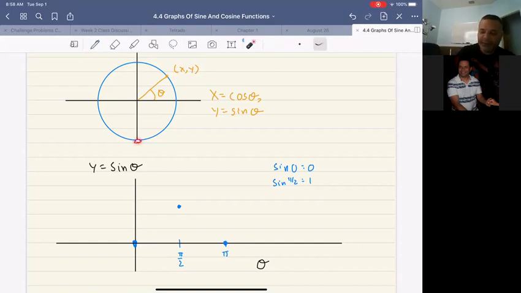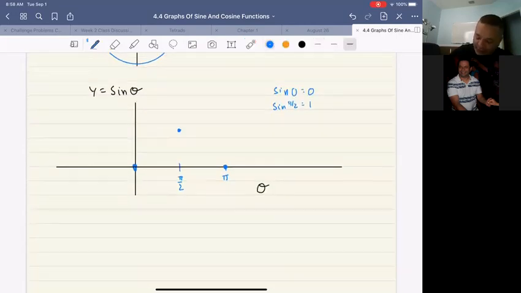Down here, right here on the unit circle, that's 3 pi over 2, and the y coordinate is negative 1. So when theta is 3 pi over 2, let's make negative 1 here.